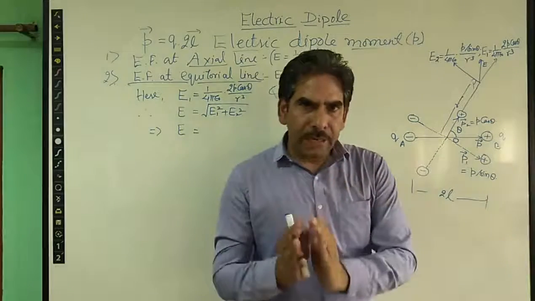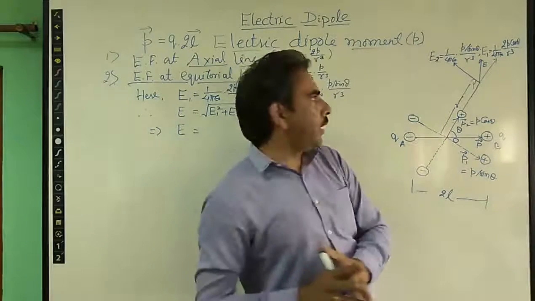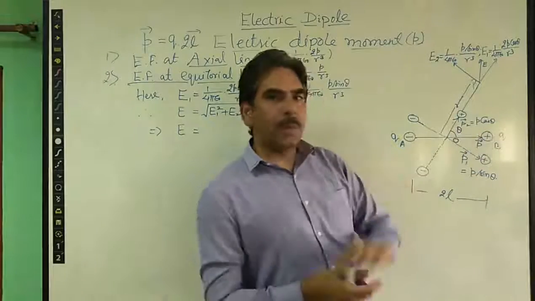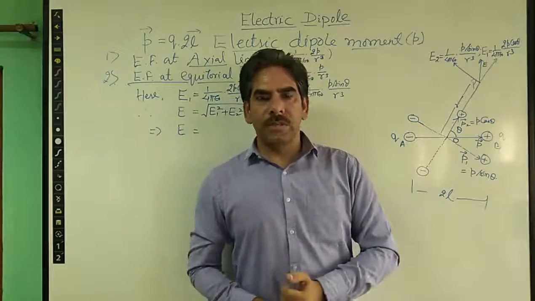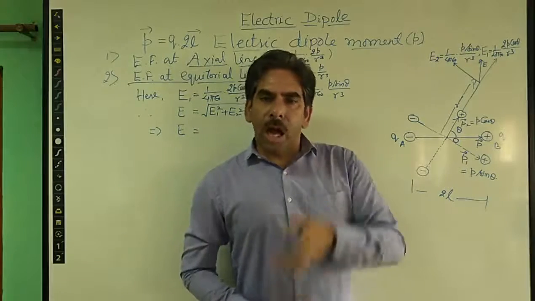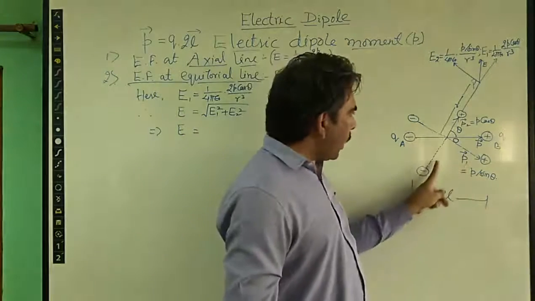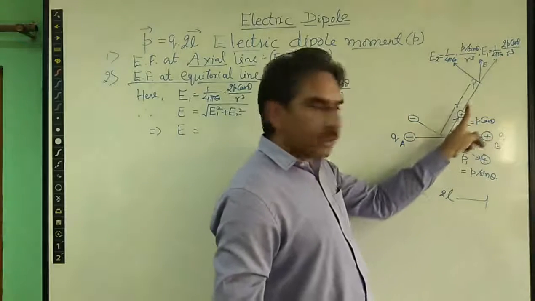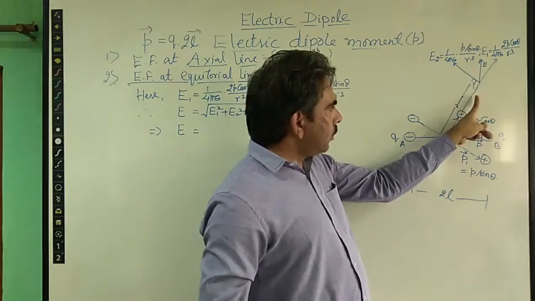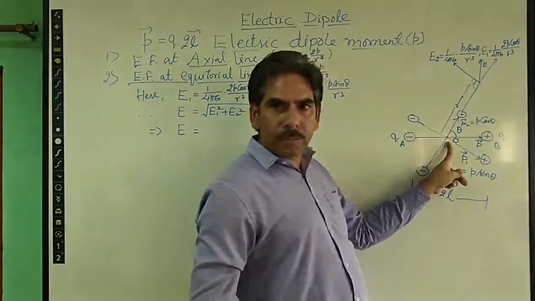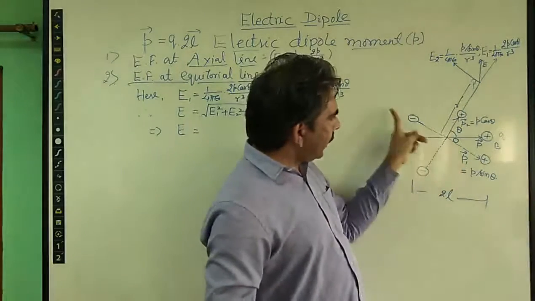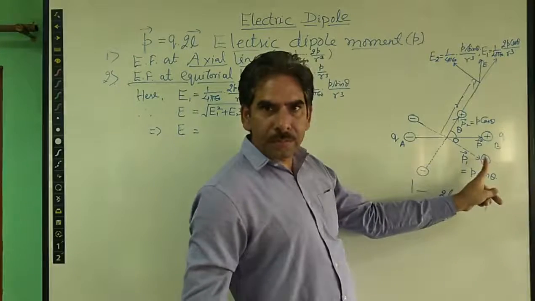In order to derive the expression for finding the electric field at point P due to this dipole, I am resolving this electric dipole into two components which are mutually perpendicular. One is along the line joining the point P to the dipole, and the other is in a perpendicular direction.